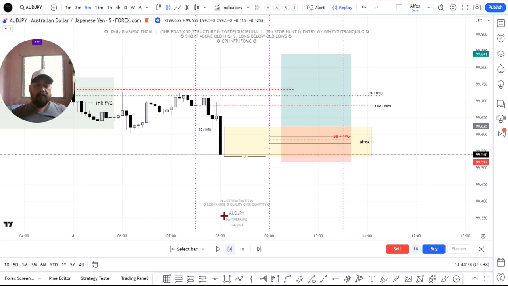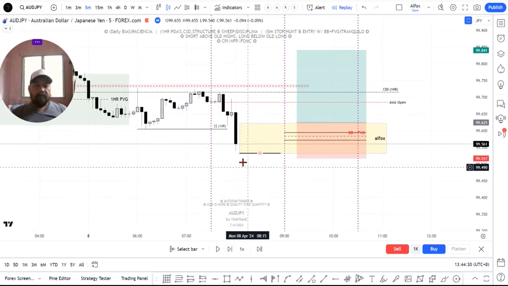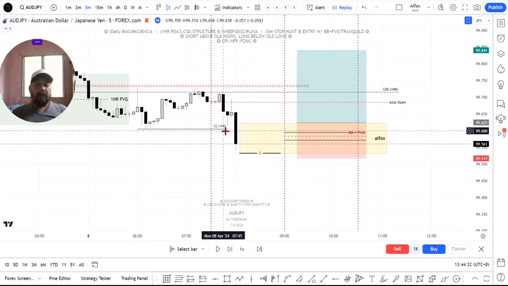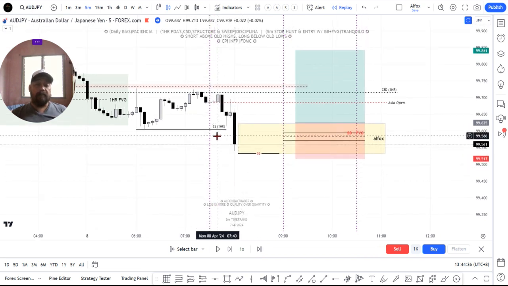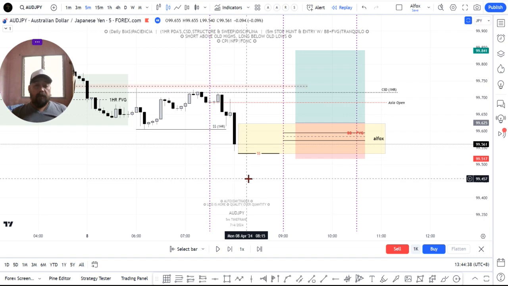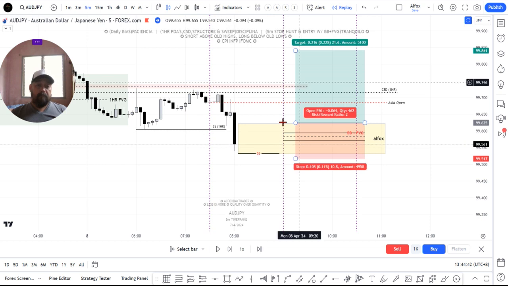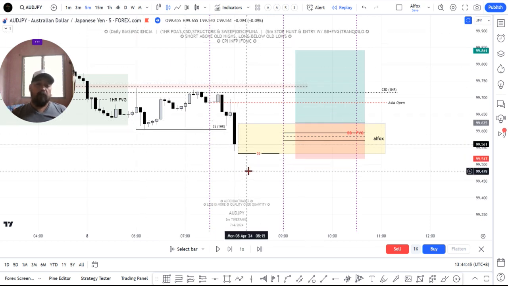After a while, there, as you can see, we now have our 1 hour sweep, which is our higher time frame sweep. During this time, I was watching this pair.